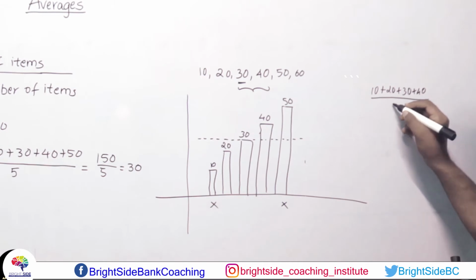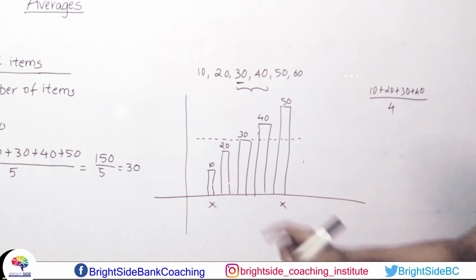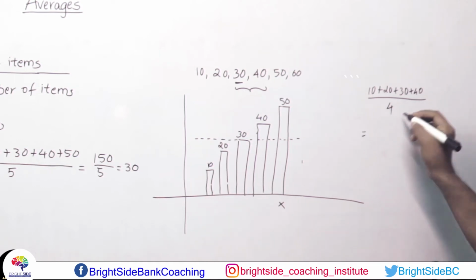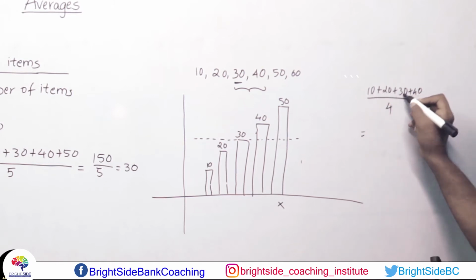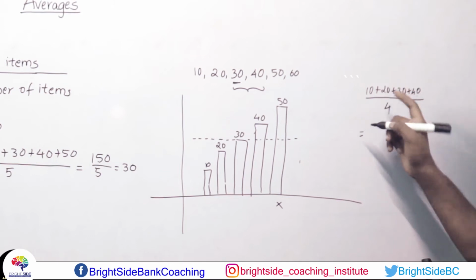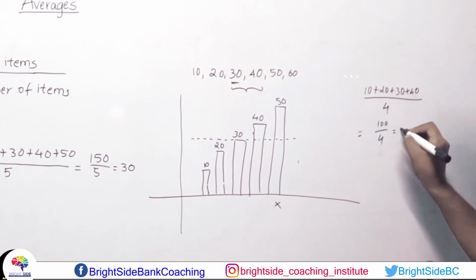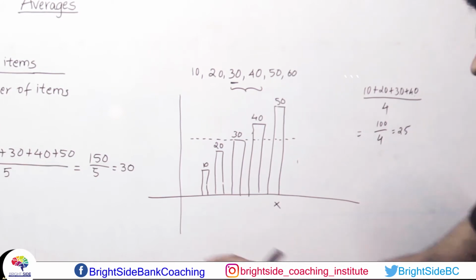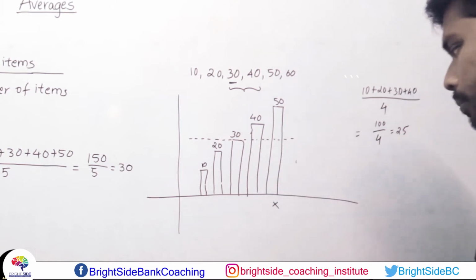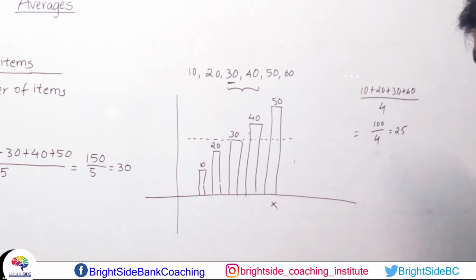So the total number of elements is 4, not 5. Okay, 1, 2, 3, 4. So the average will be 40 plus 10, 50, 30 plus 20, 50. So that is 100 by 4, that is 25. Earlier the average was 30. Now the average will fall down to 25 because we have deleted the larger element.